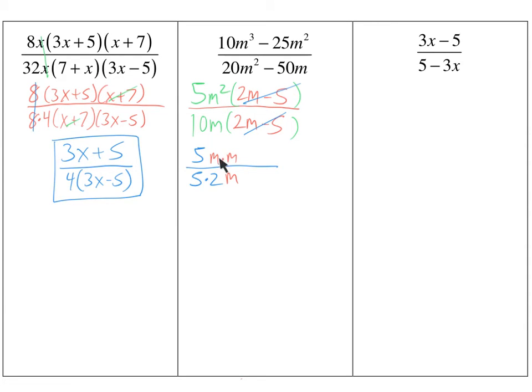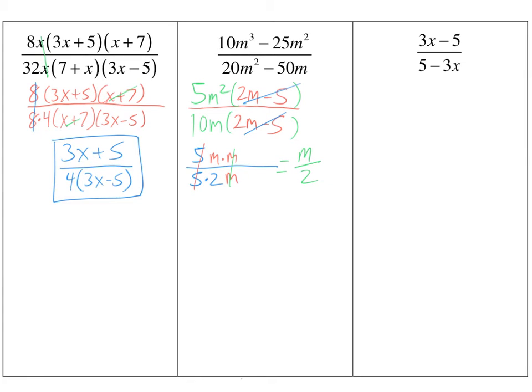Isn't m squared m times m? So could I now get rid of those? Can the 5s disappear? Can the m's disappear? And what we end up with is just an m over 2. All that breaks down to m over 2.